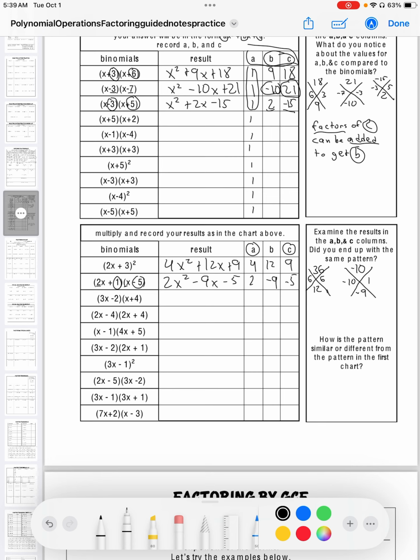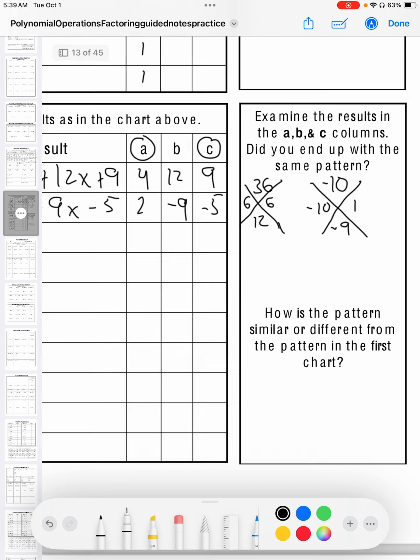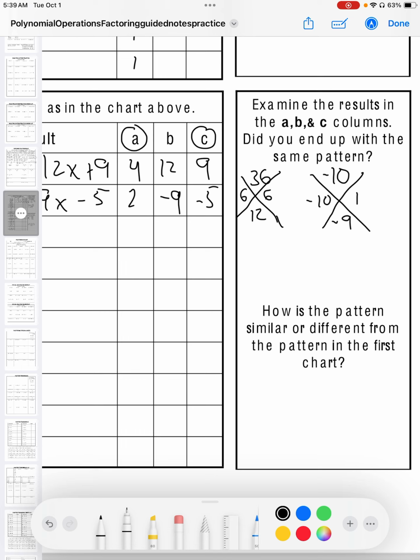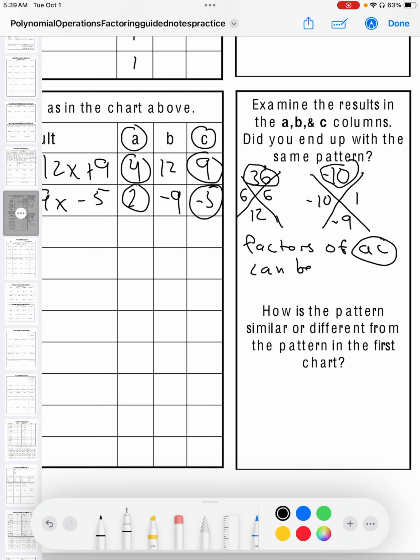So what we could say here is the factors of a times c can be added to get b. So 36 we got by doing 4 times 9, or negative 10 we got by multiplying 2 times negative 5.